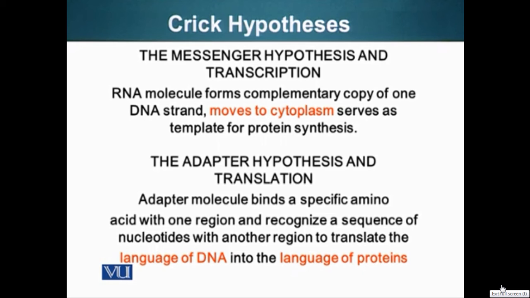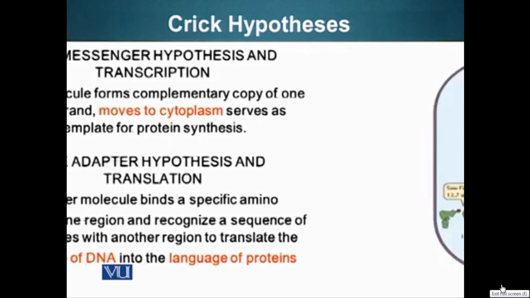So the adapter would have the ability to bind and interact with amino acids, which are the basic building blocks of proteins, and another domain should be able to recognize a specific nucleotide sequence on the messenger RNA.